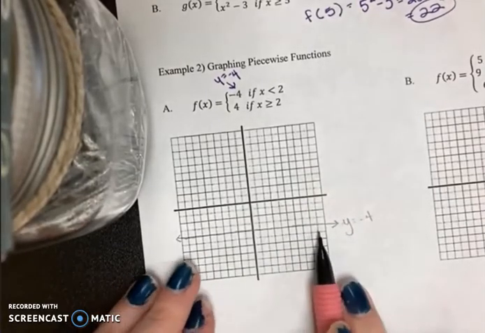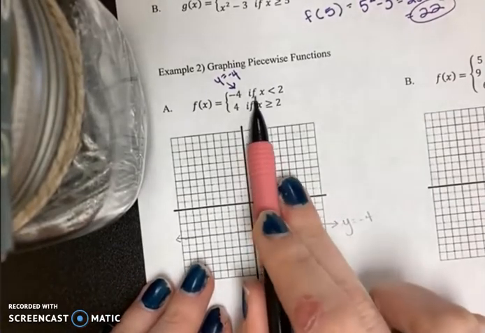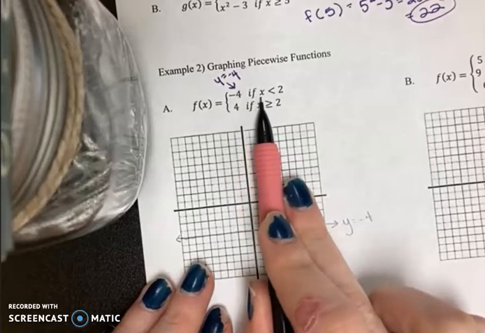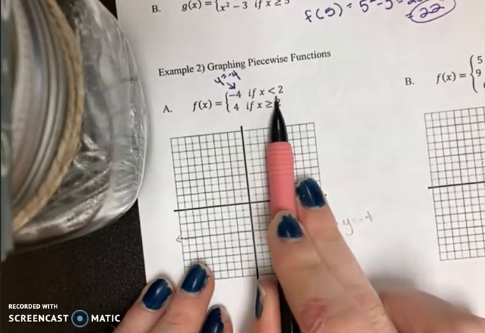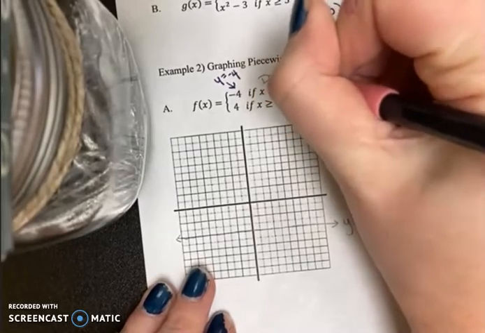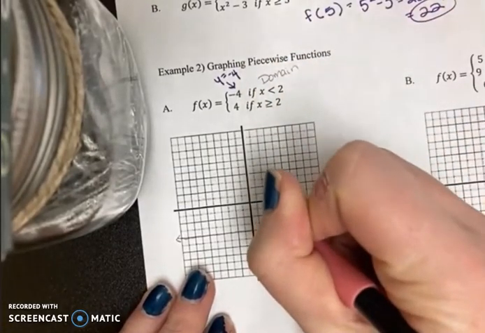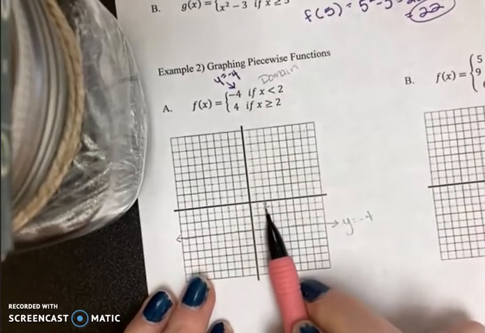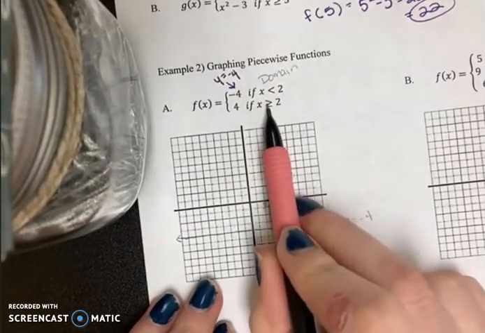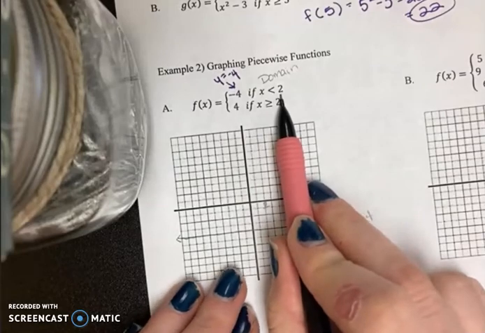However, I don't want to use this whole function. I only want to use the part where x is less than 2. This is my domain restriction. So x and 2 is right here. This is 2 on the x-axis. I want it for x is less than 2.